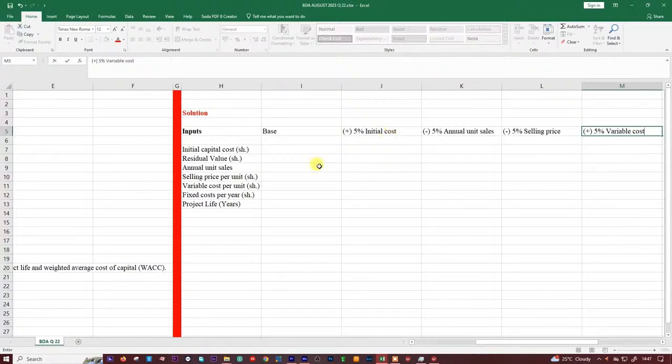And then we're just following these components right over here.